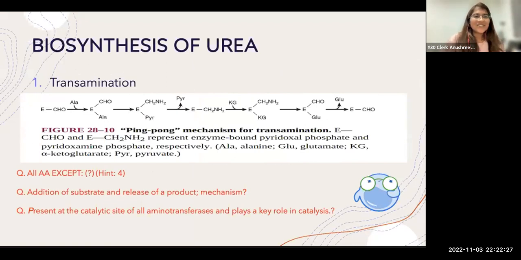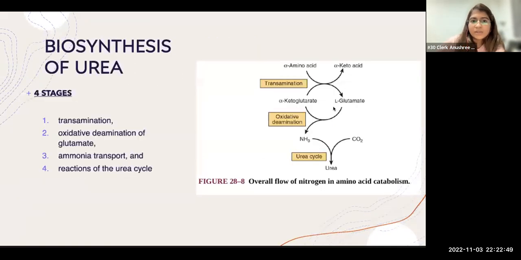Transamination, I already told you what happens in transamination. Alpha amino acid gives out its nitrogen. It forms an alpha keto acid. Then the nitrogen combines with the alpha ketoglutarate and it forms glutamate.